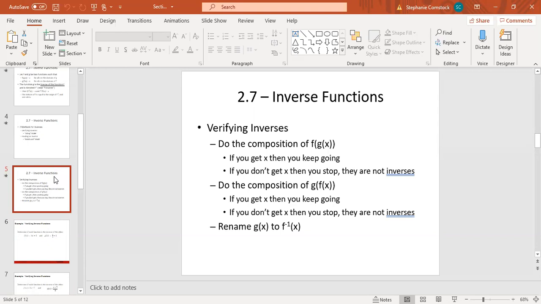It's over. If they are good, then you're going to keep going. You're then going to do the composition the other direction, g of f of x. Again, you're looking to get x. If you don't get that, then they're not inverses. Stop. If both of those happen, then you're going to do a rename.